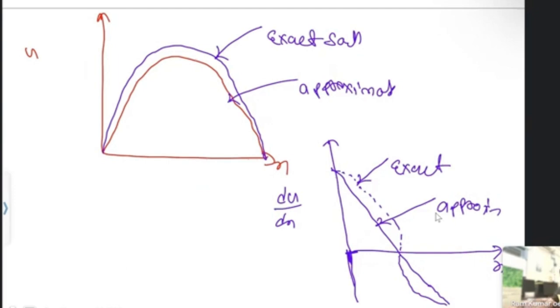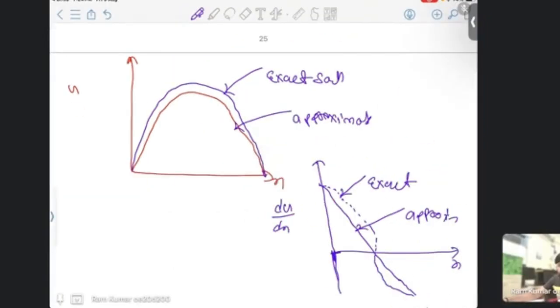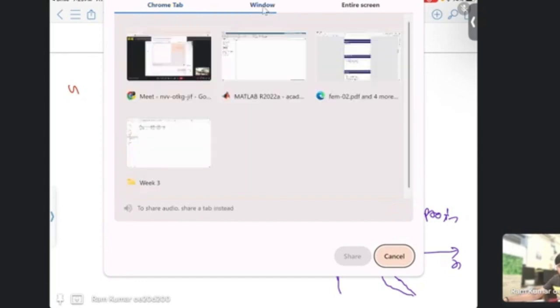I think it's open, then I will show you here. I will present my screen then. Share now.